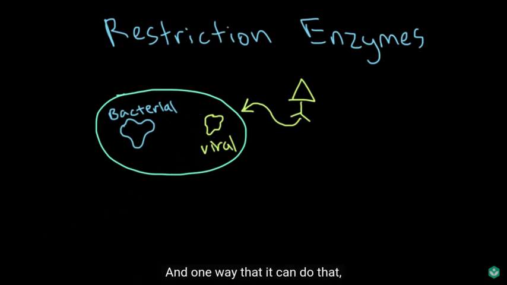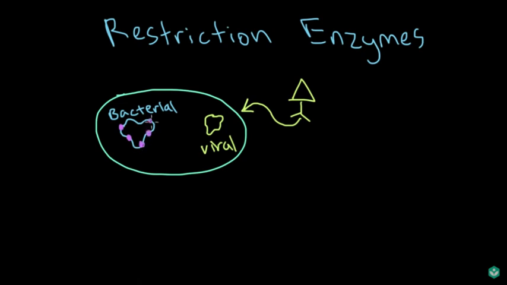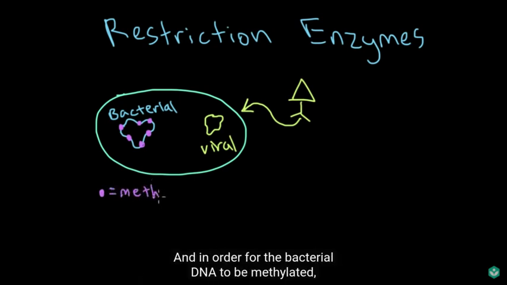And one way that it can do that is by labeling its own DNA. So let's imagine that the bacteria labels its DNA with these purple dots. What these purple dots actually are is a methyl group.